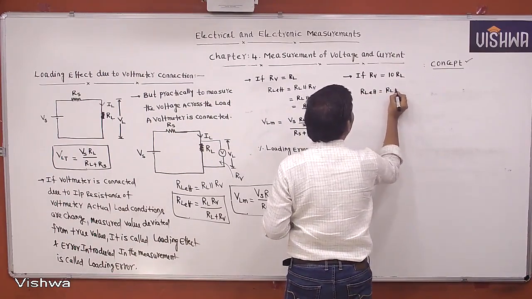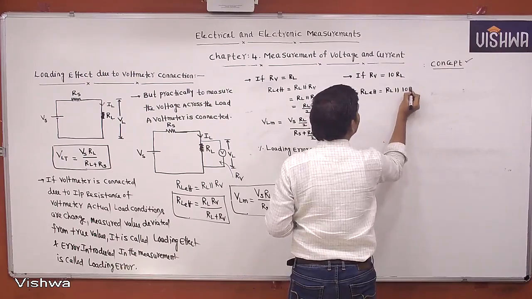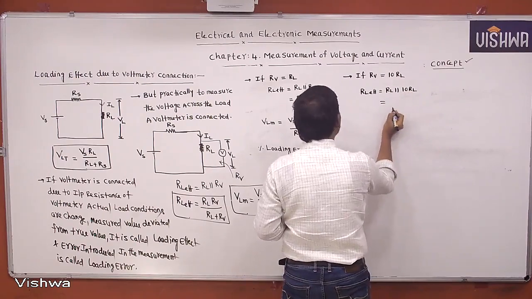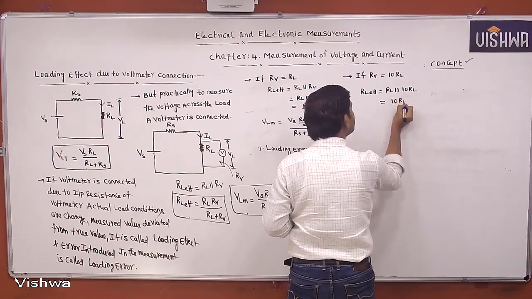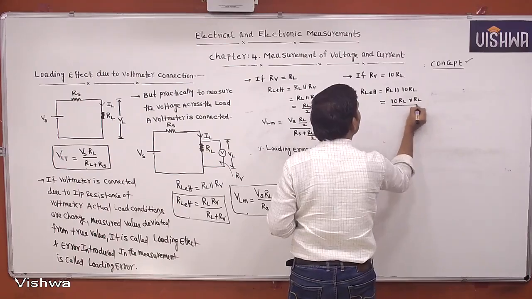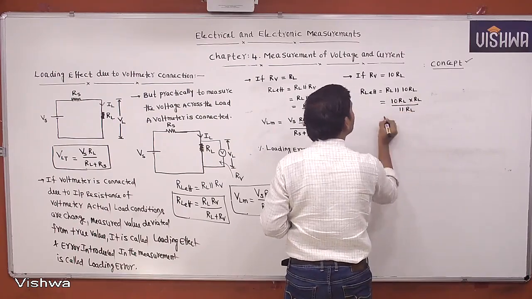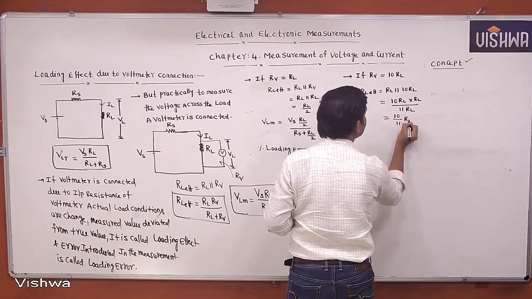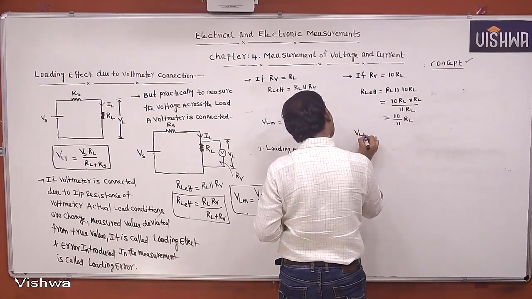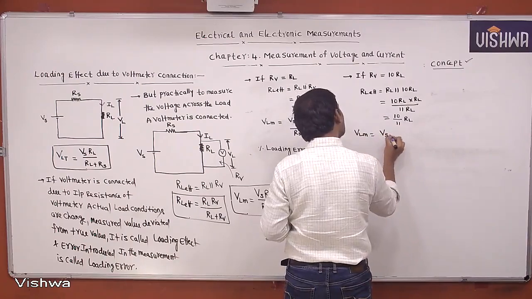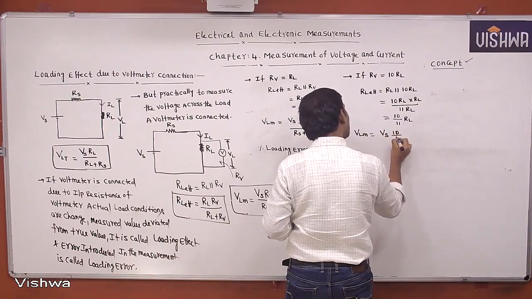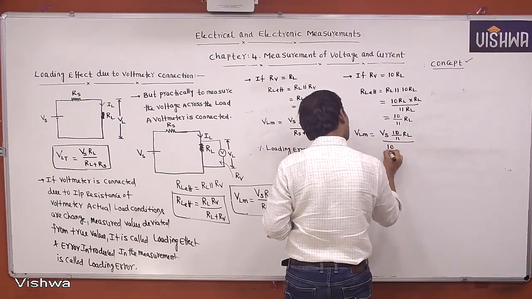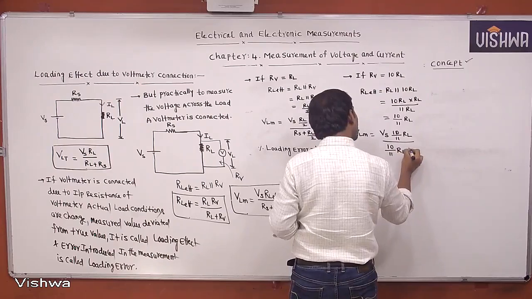RL in parallel with RV, that is 10 RL into RL by 11 RL, which gives 10 by 11 RL. Then what is VL measured equal to? Vs into 10 by 11 RL by RL effective 10 by 11 RL plus RS.